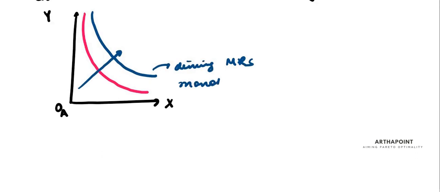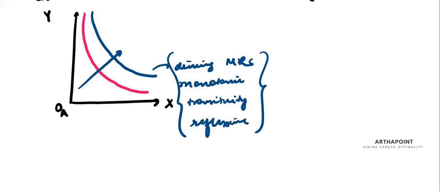I know they have monotonic property. Higher the indifference curve, more the utility. I know that they follow transitivity. I know they follow reflexiveness. We know all these properties, right? So we understand that for individual A, the origin is like this.